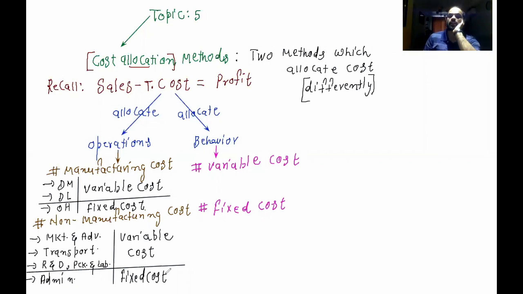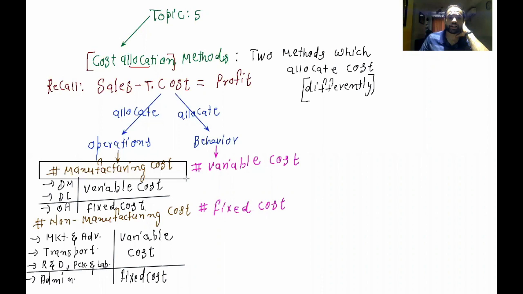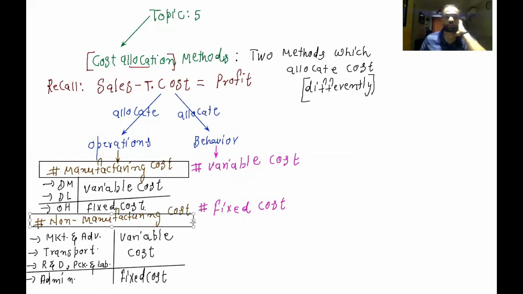So that's the whole idea of classification by operations. One thing I want to emphasize here is that cost is divided into two parts, manufacturing and non-manufacturing, all right? That's the two parts of operations, not variable, not fixed.